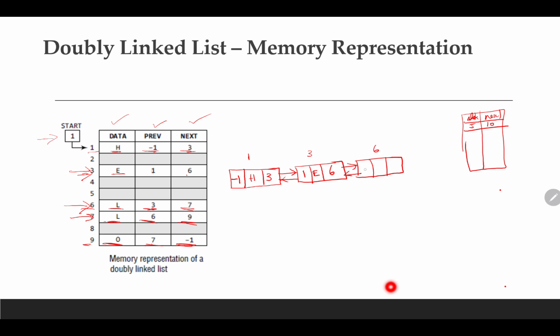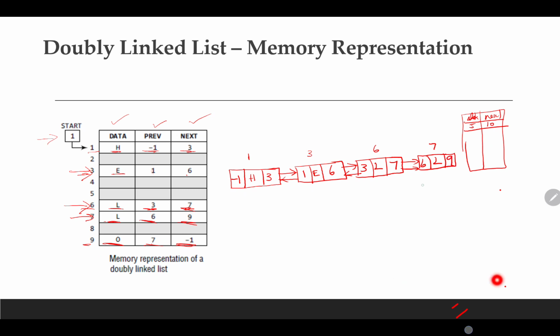Then the next node is saved in 6. What is the previous? It is 3. Then the data is L. What is the next one? It is 7. The next node is saved at address 7. Here the data is L. What is the previous? 6. What is the next here?